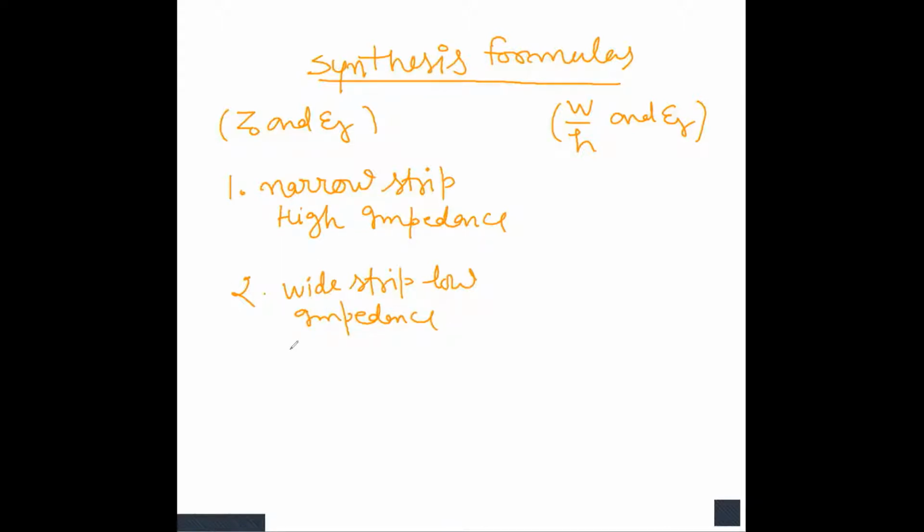The meaning of low impedance is Z0 is less than 44 minus 2 epsilon R ohm. So that is the condition for low impedance. But in this course, I will not discuss these two techniques. I will discuss only this one when W by H and epsilon R are given.